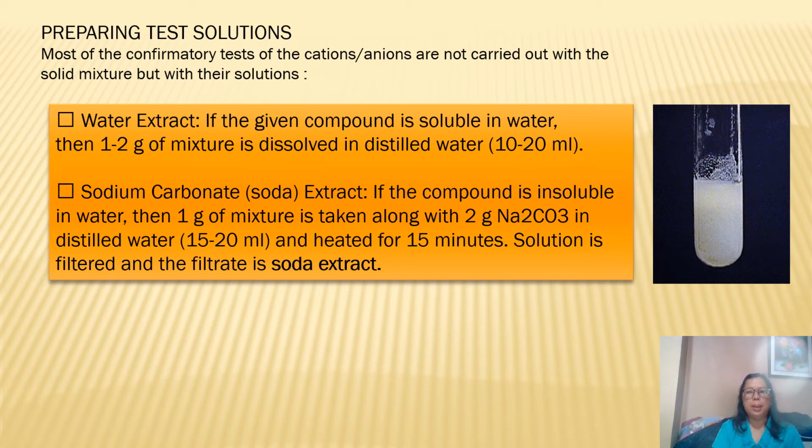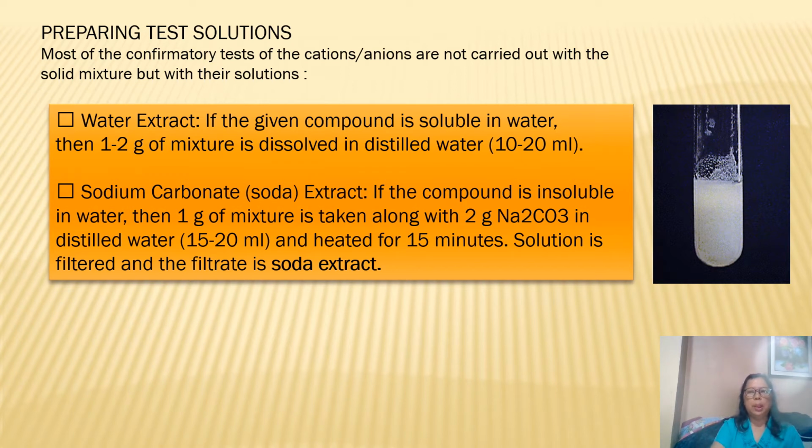For sodium carbonate extract, make use of 1 gram or 1 ml, it depends upon the nature of the unknown. And then this is mixed with 15 to 20 ml of distilled water. The difference is it is heated for 15 minutes, so it is longer as compared with the water extract preparation.